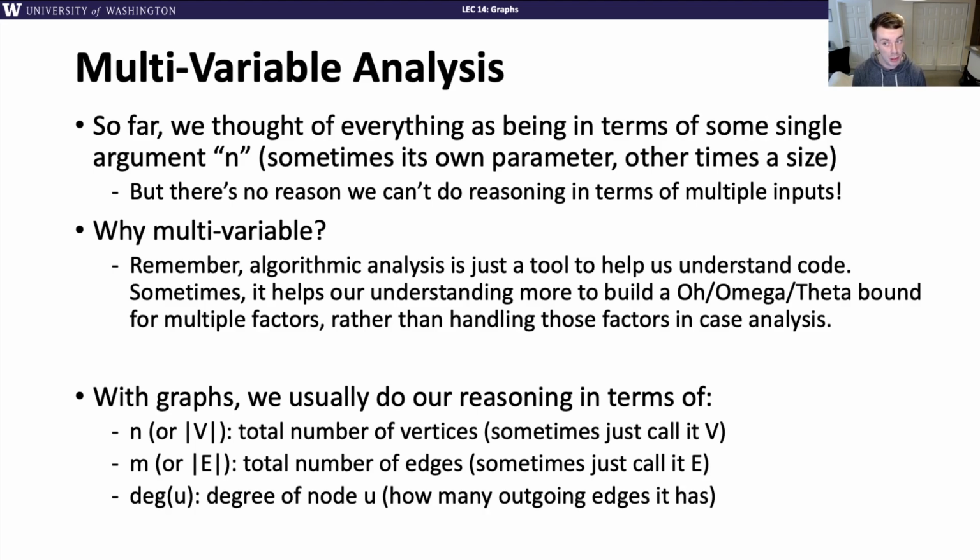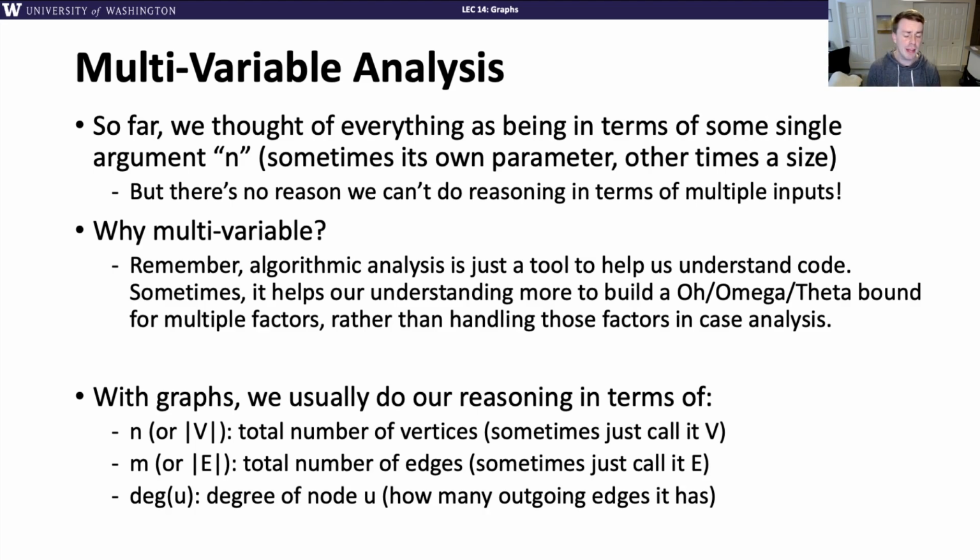called multivariable analysis. What I mean by that is when we're thinking about algorithmic analysis, so far we've thought of everything as being in terms of a single input size or argument n. Sometimes it's the parameter itself, other times it's the size of the structure, but there's no reason we can't do this kind of reasoning about scale in terms of multiple inputs.